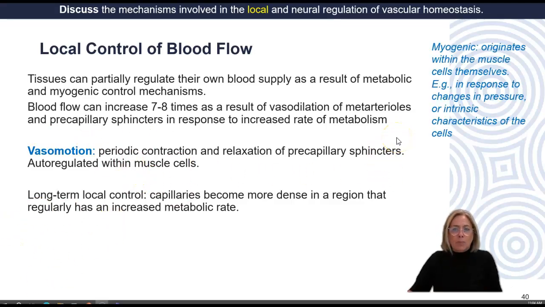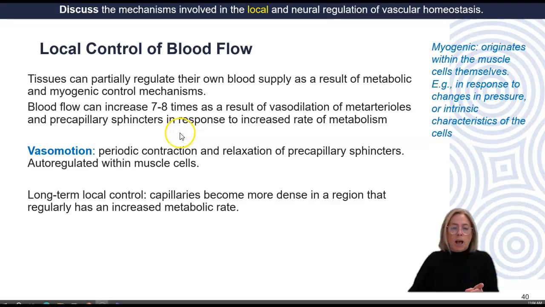So the myogenic bit of that means that it originates within the muscle cells themselves. So for example, you might get myogenic responses in response to changes in blood pressure, or the regulation of the blood supply might be due to the intrinsic characteristics of the cells themselves.